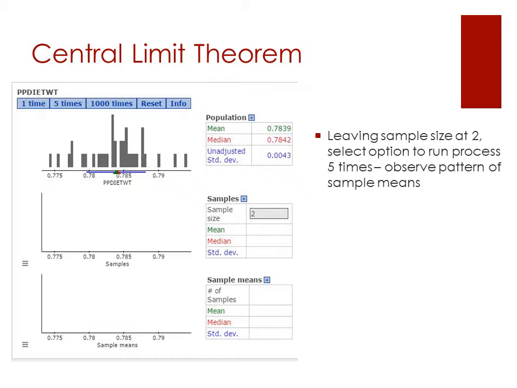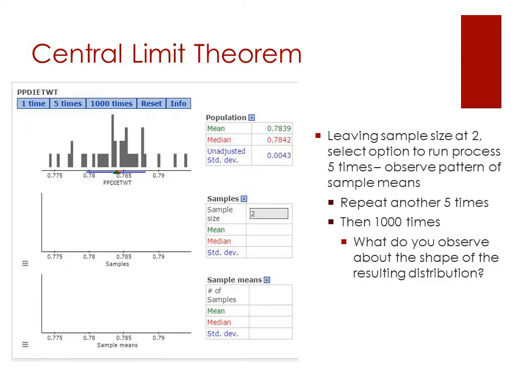So let's currently leave the sample size at 2 and select the option to run the process 5 times. Observe the pattern of the sample means. Pause the video here and complete that. Okay, now repeat this process another 5 times, and then finally select it to run 1,000 times.